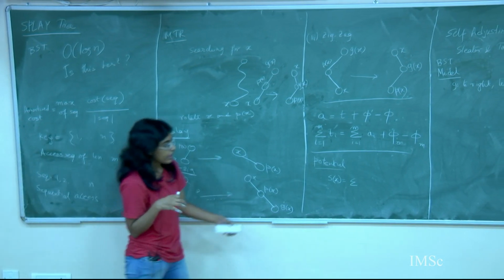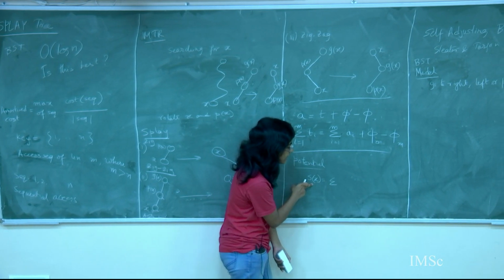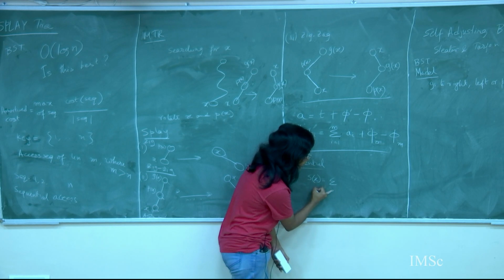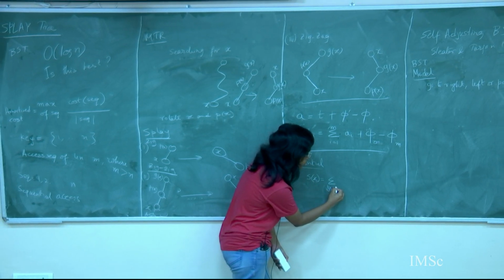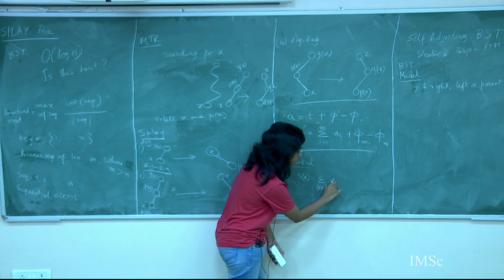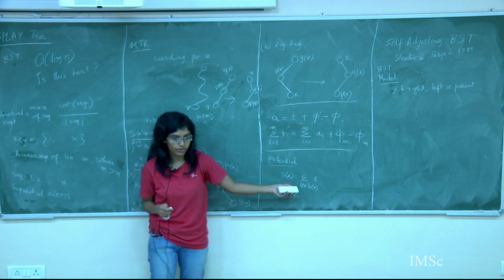Here I should write that size of x is the sum over y belonging to the subtree of x of 1, the number of nodes in the subtree of x.